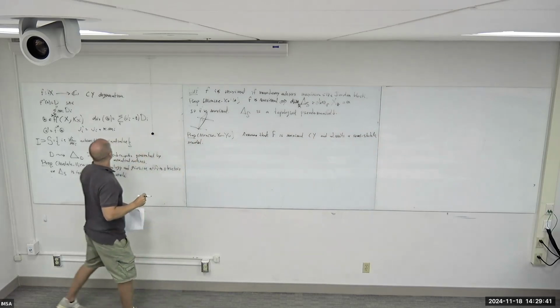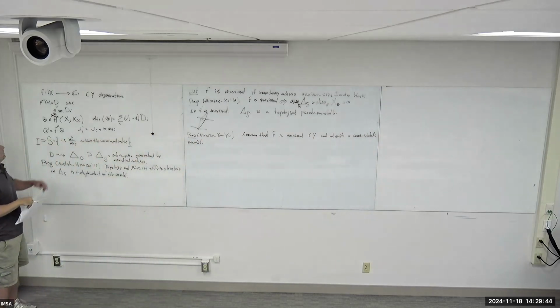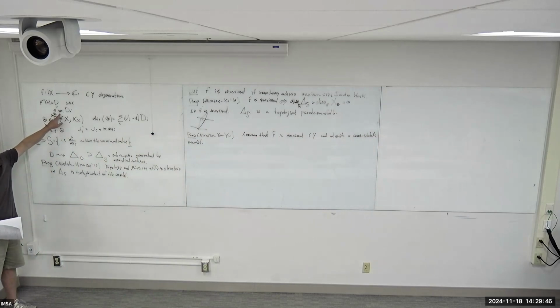Semi-stable model means that there is a model such that all the m_i are equal to 1.